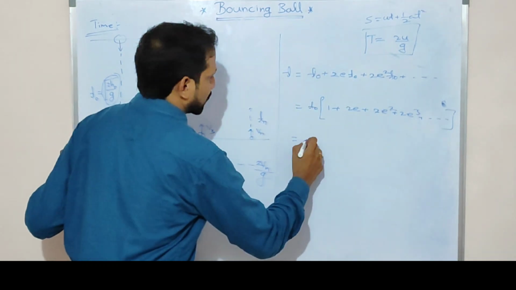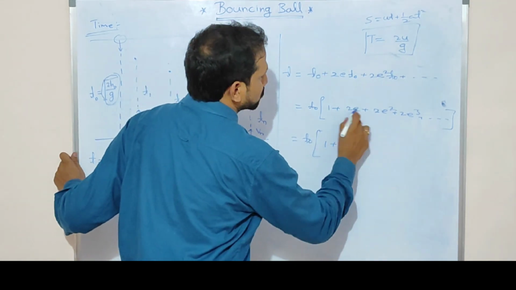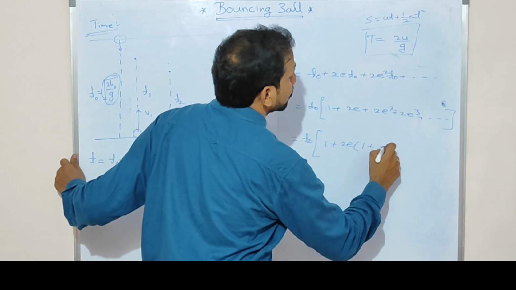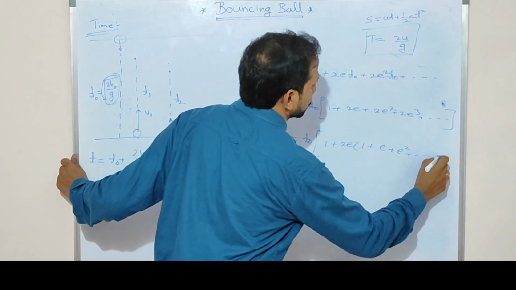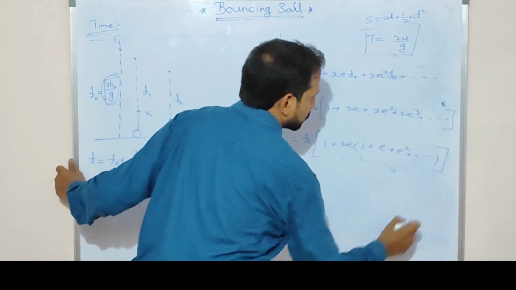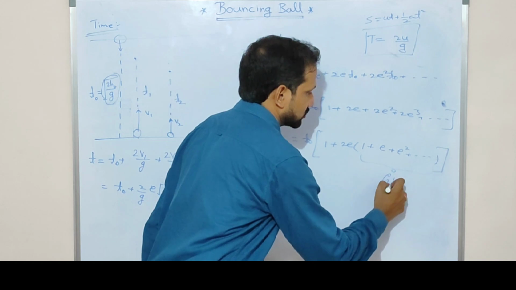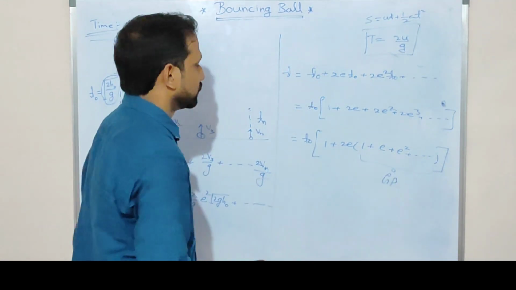Taking 2e common from the rest, it will be 1 plus e plus e square plus, and so on. This is, from 10th standard mathematics, a geometric progression.